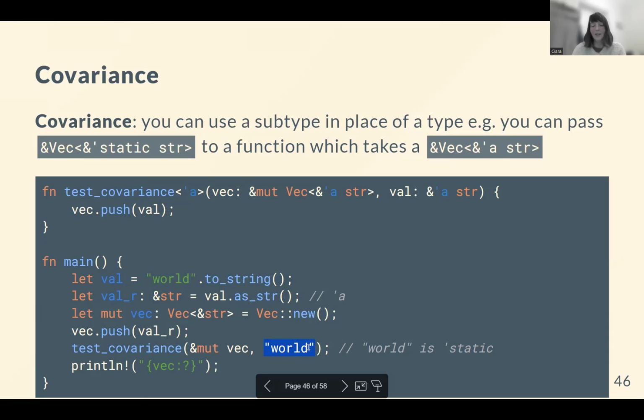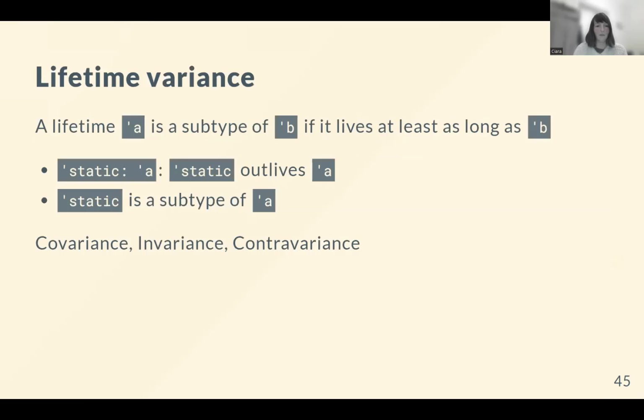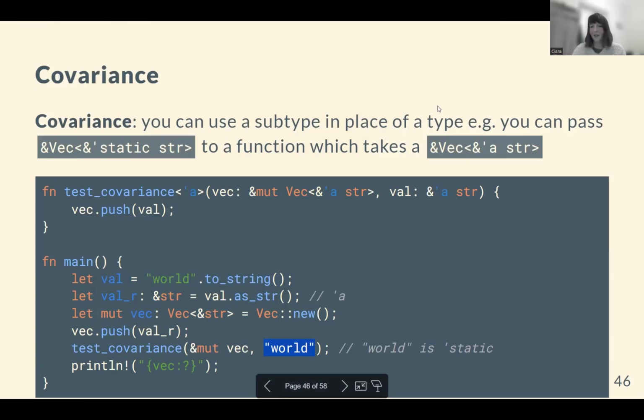But because 'static is, if you remember, a subtype of 'a, it outlives it, I can pass this in fine, because this type of function signature, or this type of parameter, a reference of T, allows for covariance, which means I can pass the subtype in place of the type. It's a slightly interesting concept, but really, really useful, especially when you then move on to other cases.